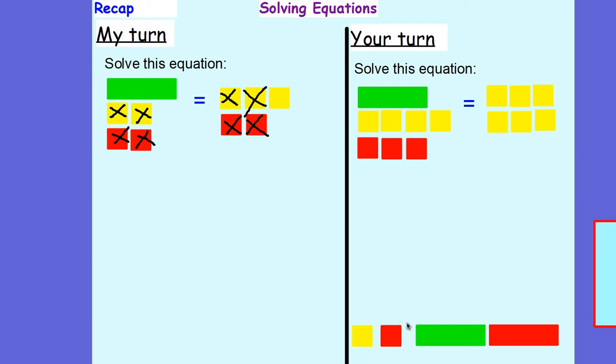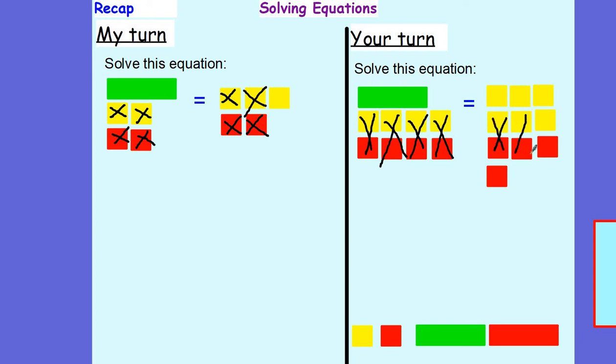But whatever I do to one side of the equation, I need to make sure I do the same to the other so it remains equal. If I now cancel out my 0 pairs, I'm left with just the green rectangle on this side, which is what we wanted. And my green rectangle is going to be worth 2 yellow squares.